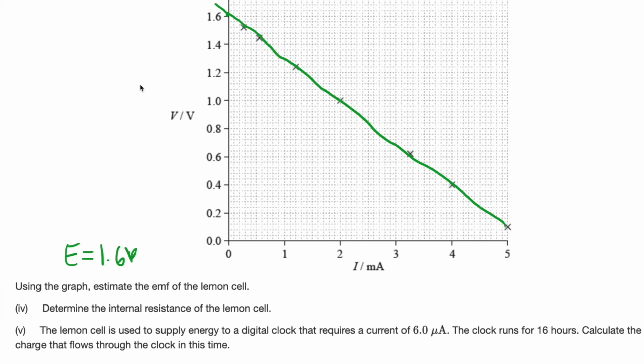Because voltage over current gives you the gradient. So the gradient should be in the range of 290 ohm to 310 ohm. So any number that is between this range should be fine.